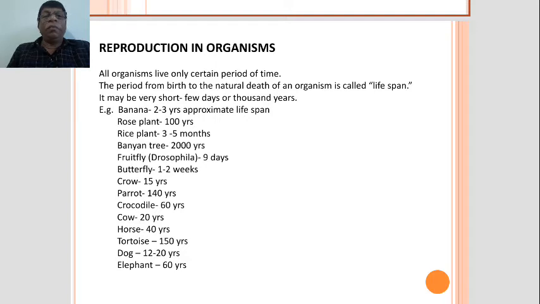So lifespan means it is the period from birth up to the natural death of an organism.